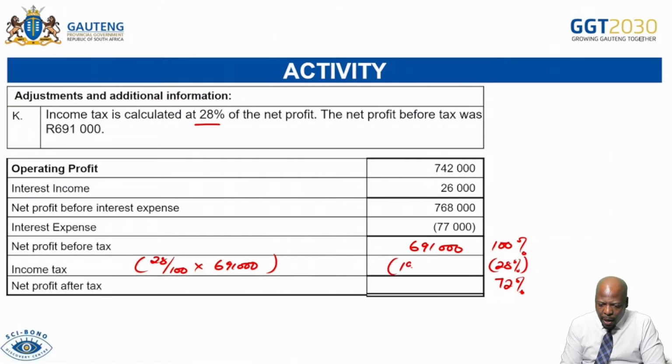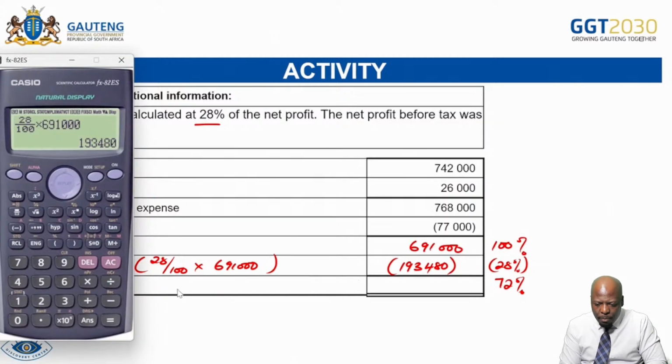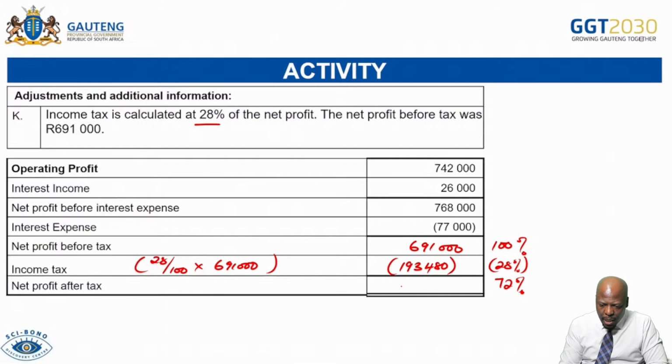In bracket, 193,480. That can give me now the difference where I'm simply now saying 691,000 minus 193,480. That is going to give me 497,520. So you have 497,520. That is my net profit after tax.